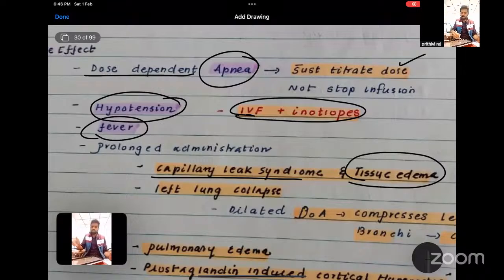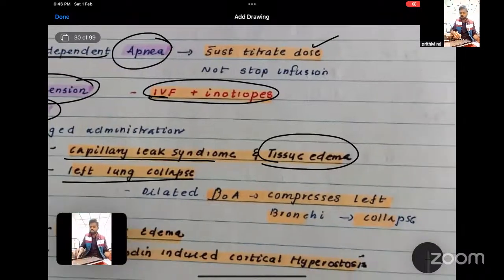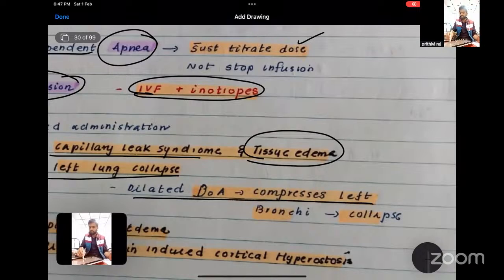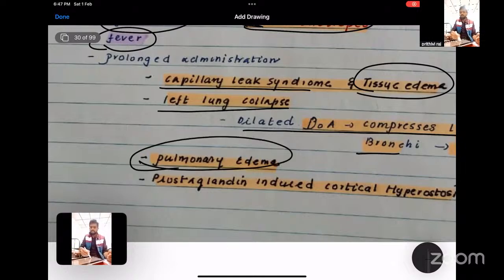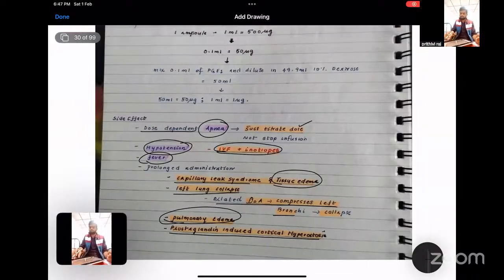So the left lung collapses because the dilated ductus arteriosus compresses the left bronchus. Blood flows through the ductus arteriosus, so there is pulmonary overcirculation, resulting in pulmonary edema. And one of the rarest complications is prostaglandin-induced cortical hyperostosis.